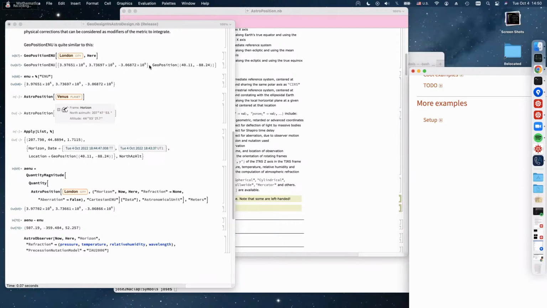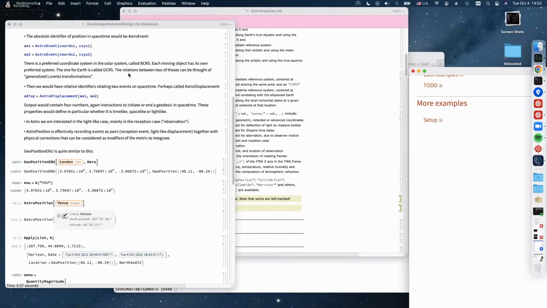The problem is that a natural coordinate system in which to specify astro positions is the altitude azimuth one or right ascension declination relative to where you are on the Earth. But in order to use that coordinate system, you have to back project from where you are, so to speak.